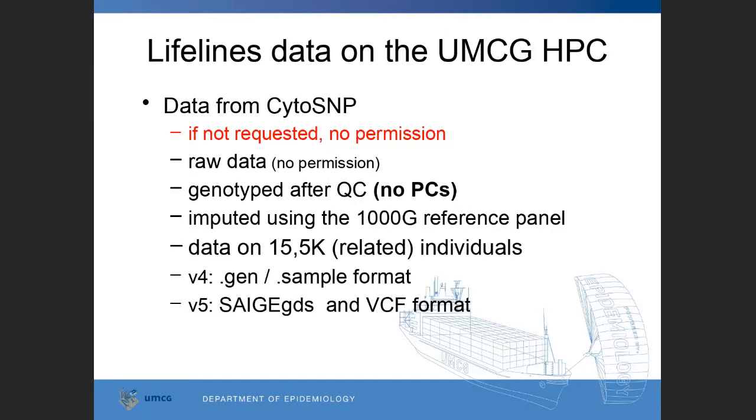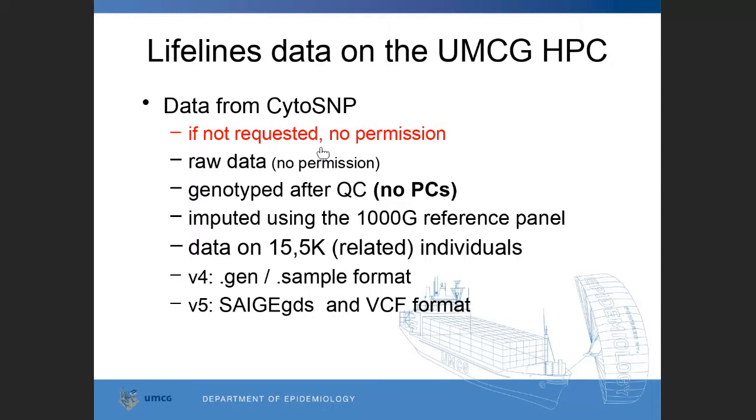Then for the CytoSNP data, not everybody may have access to these data, because for the UGLI data you have to request those data, and most of you may have asked for access to the UGLI data.